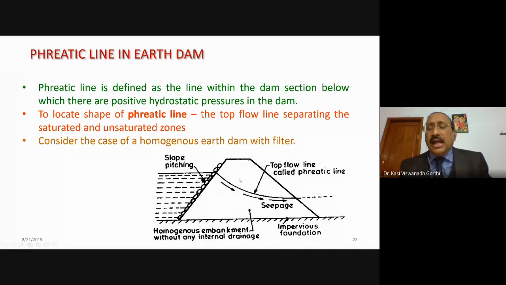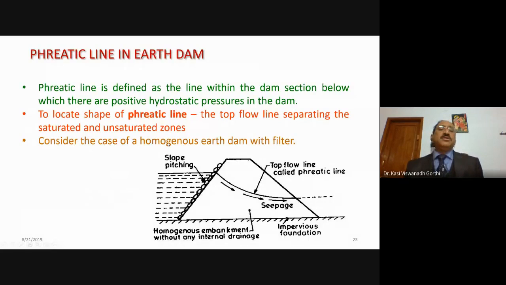So there will be positive hydrostatic pressures below this line. By definition, the phreatic line is defined as the line within the dam section below which there are positive hydrostatic pressures in the dam.